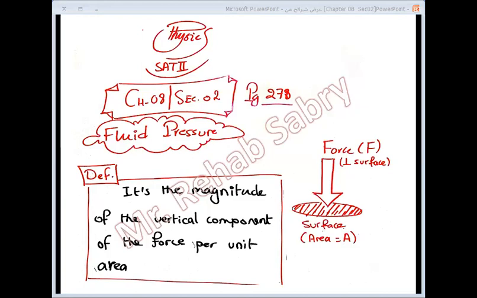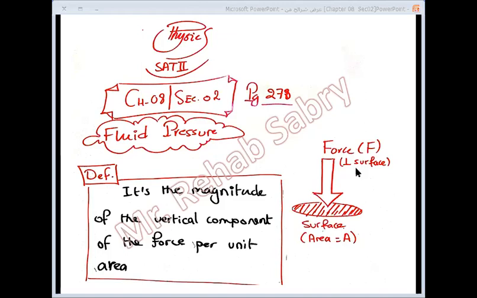So we talked about the buoyant force, the floating object, the submerged object. But now, inshallah, we will study the fluid. The first property of the fluid, which is at rest and also which is moving, is the pressure of the fluid.